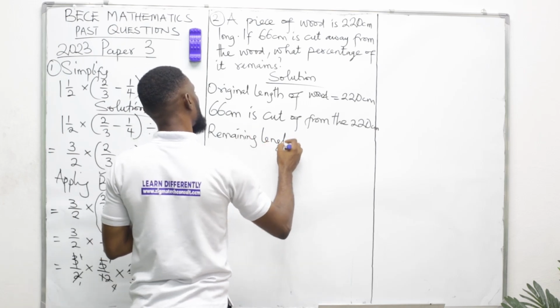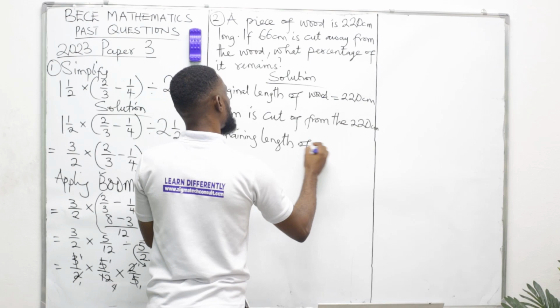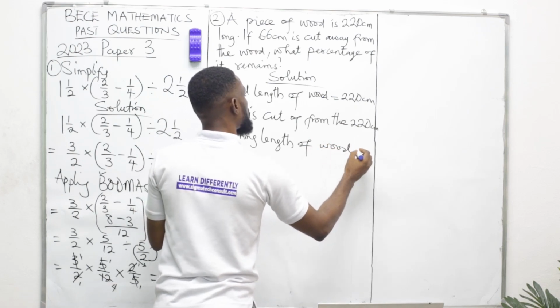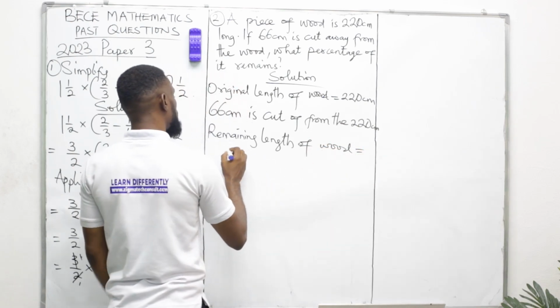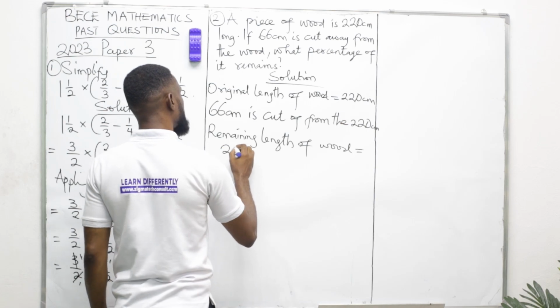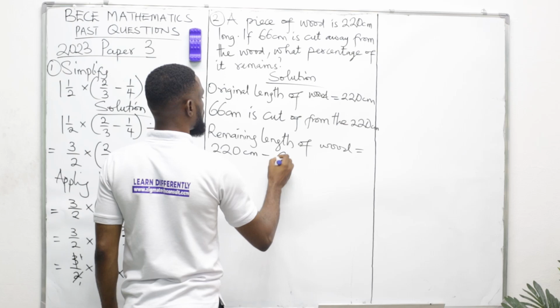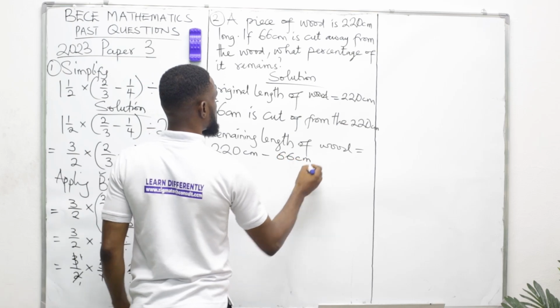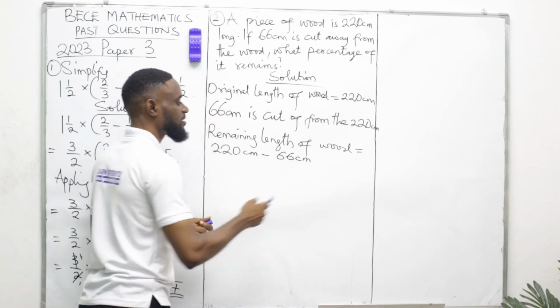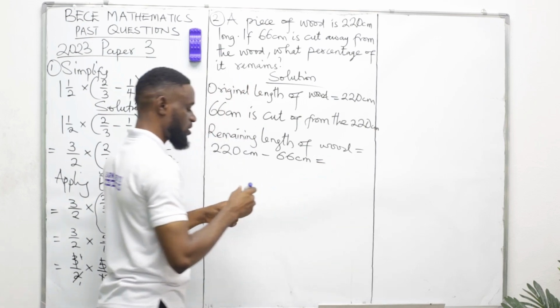remaining length of wood will be equal to 220 cm minus 66 cm, right? So that will be equal to what?